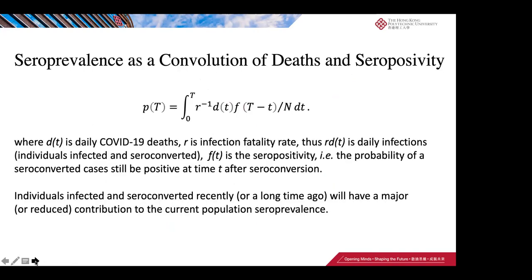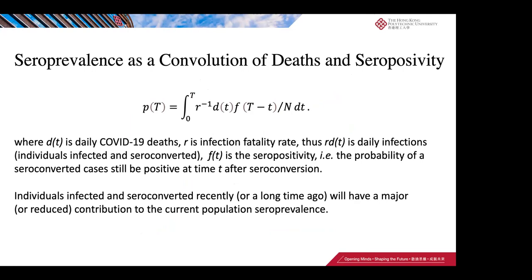So how to combine the death data and the serological data? I think there is a very simple mathematical formula like this. I propose using this, because someone is infected, and after a month you would have antibody in your blood.